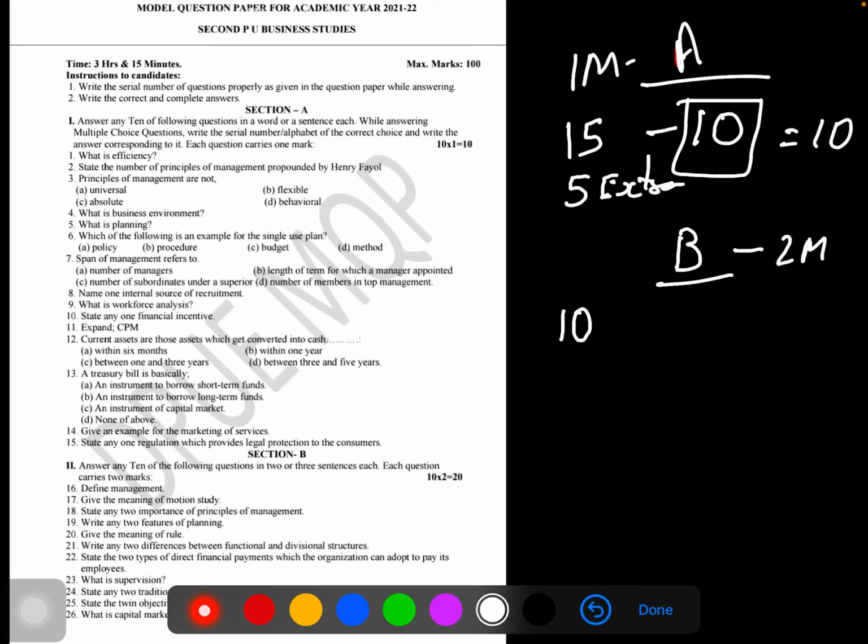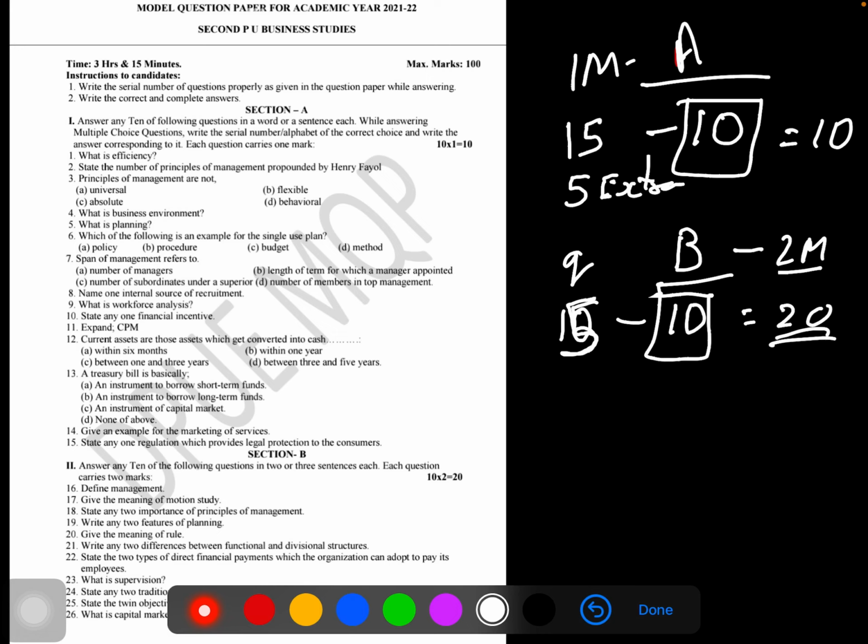Since each question carries 2 marks, you're going to get 20 marks in it. So only 10 questions should be answered out of 15. In this way, scoring 20 marks will be easy.